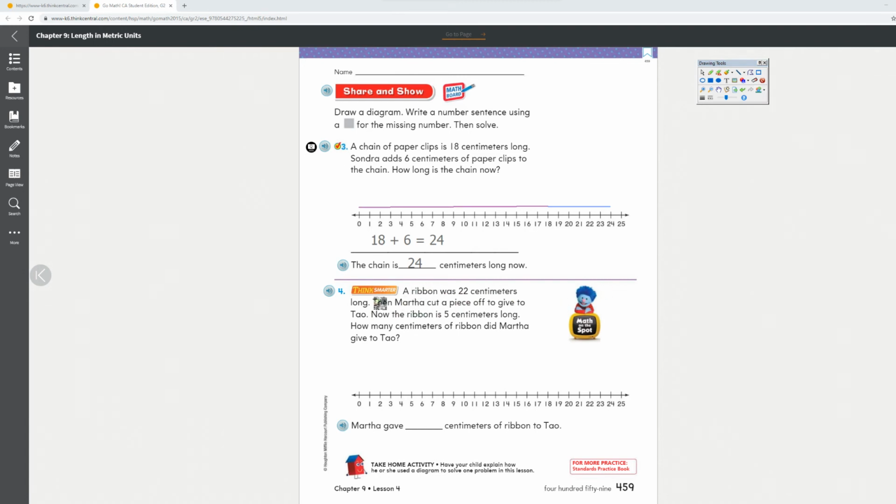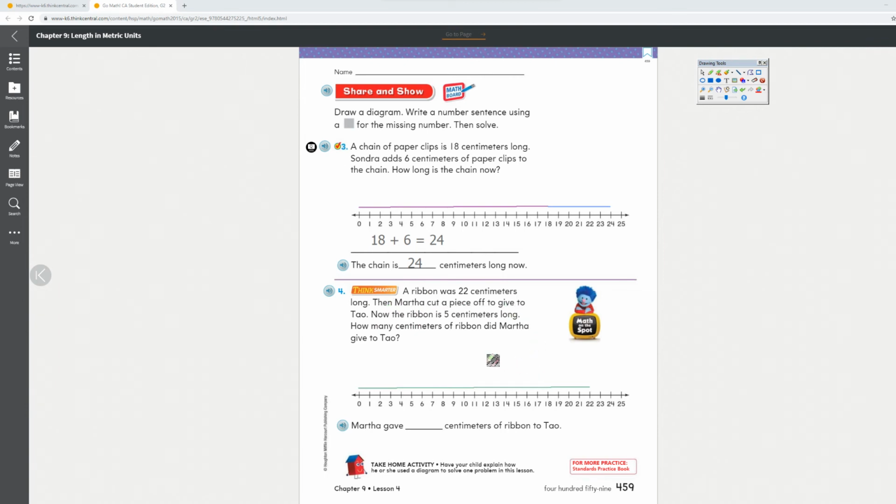So a ribbon was 22 centimeters long. Let's start there. From 0 all the way to 22 centimeters. So now we know the second sentence is telling us that Martha cut a piece off to give to Tao, which means we're subtracting in this problem. So now the ribbon is 5 centimeters long.